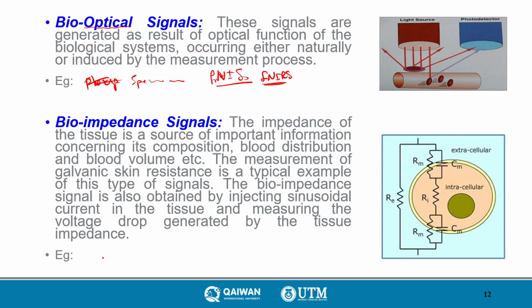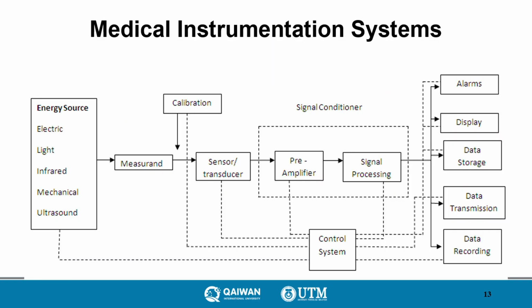For example, it is used to measure the attention or the state of thinking of a specific participant or patient in a lab, in cases like ASD, autism spectrum disorder, or in epilepsy cases also. They measure the bioimpedance of the skin.